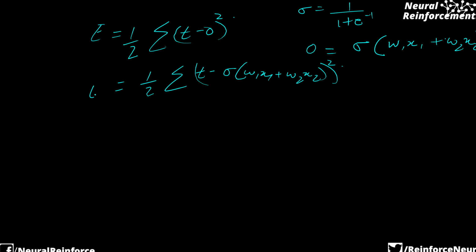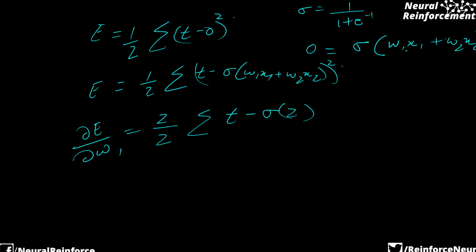So if we are doing a partial differentiation of this with respect to w1, again 2 comes out, and this becomes t minus sigma of z. This part is z for me, so the output is equal to sigma z.